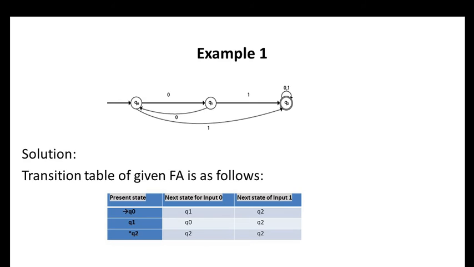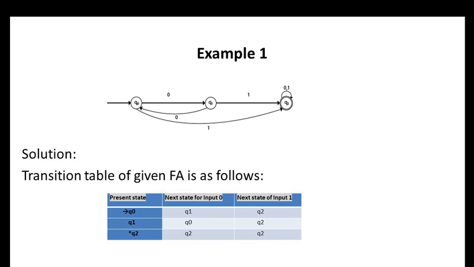The transition from Q0 on 0 is Q1. That's what we have written here. The transition from Q0 on 1 is Q2. Next, the transition from Q1 on 0 is Q0, which we have written here.